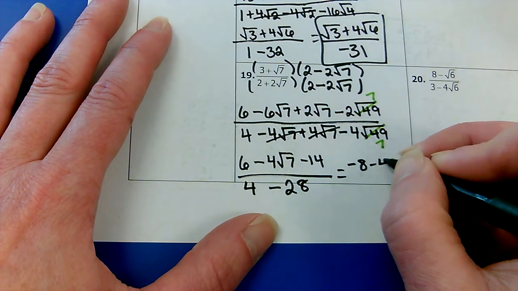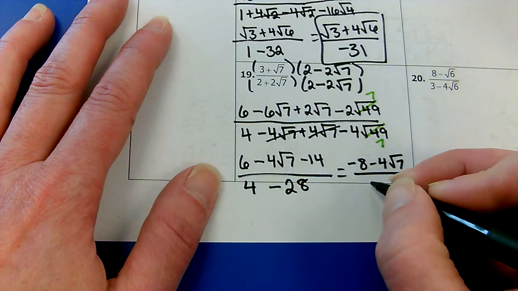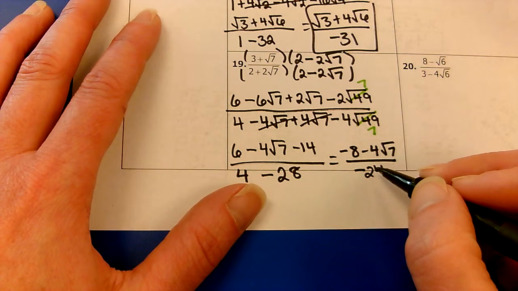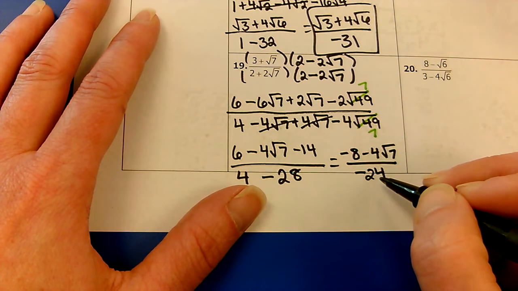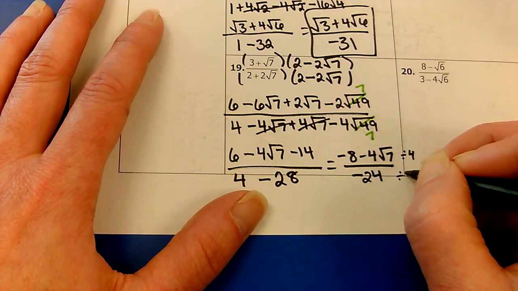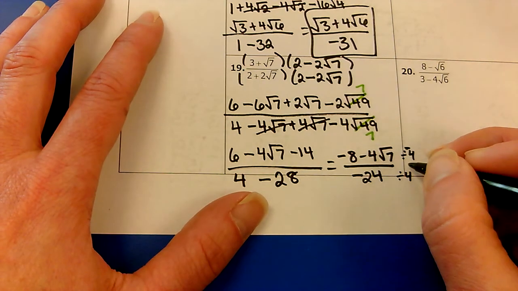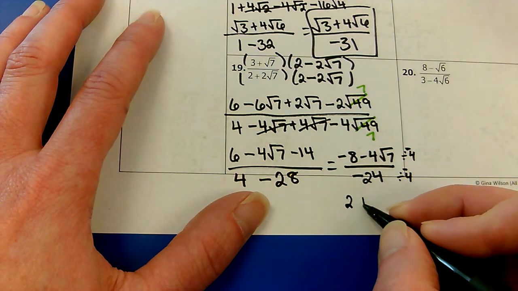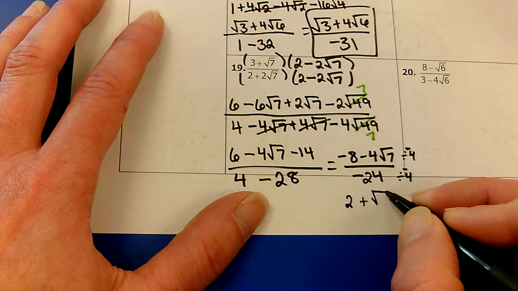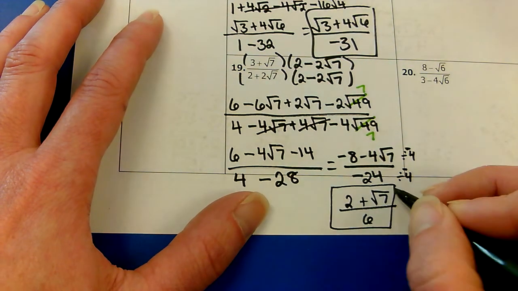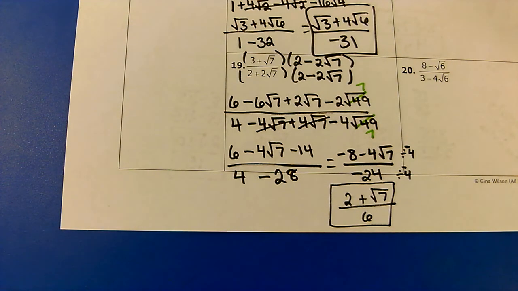Combine like terms. Oh! All 3 of these coefficients are negative, and all of them are multiples of 4. So I can divide the numerator and the denominator by a negative 4. That would give me a positive 2 plus 1 root 7, and then that would be a positive 6. You can only do that when it affects everything in the numerator and denominator.